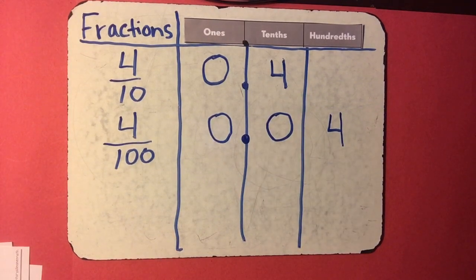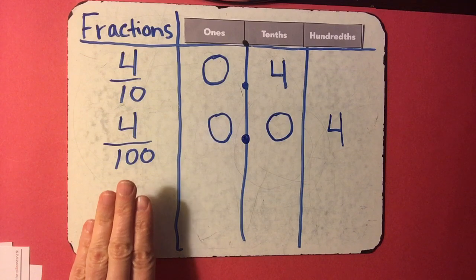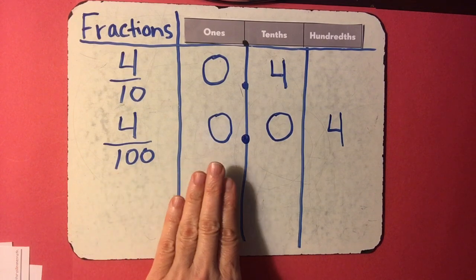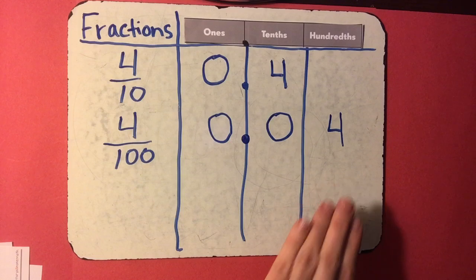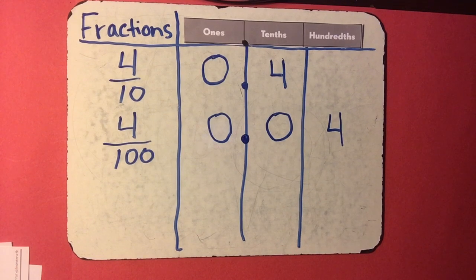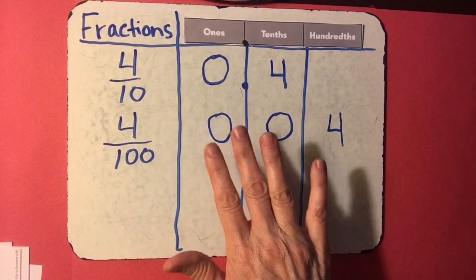What we're going to do next is I'm going to give you some numbers that I want you to write the fractions for, and then I want you to put them in the correct place value. There are a couple of ways to do this. You can challenge yourself and not use the chart to look at.